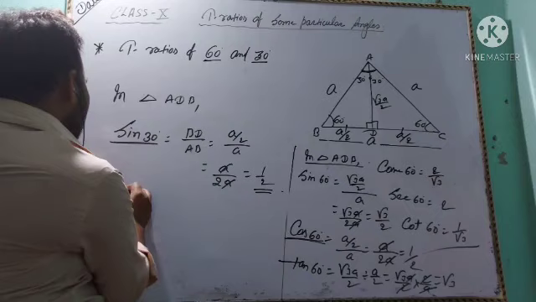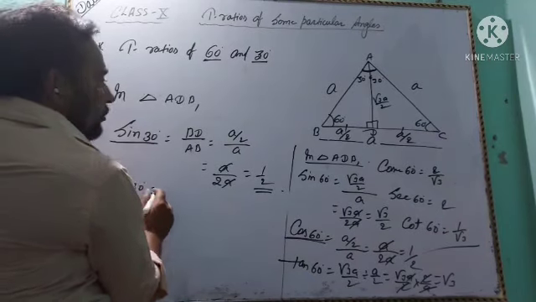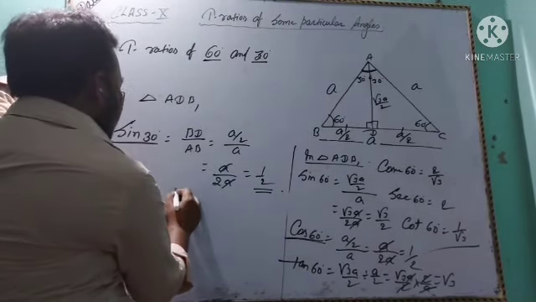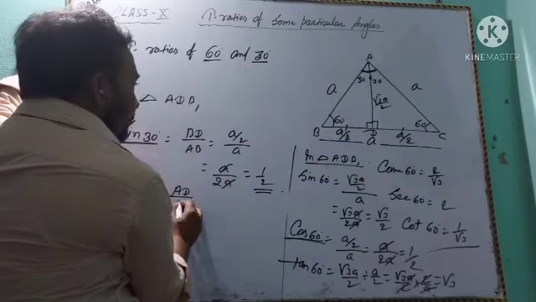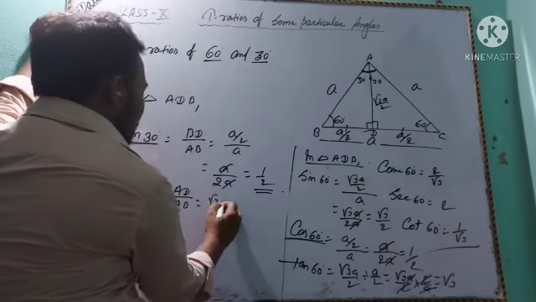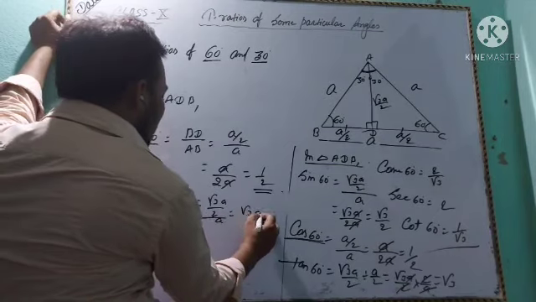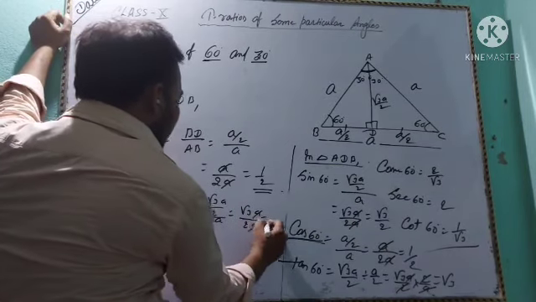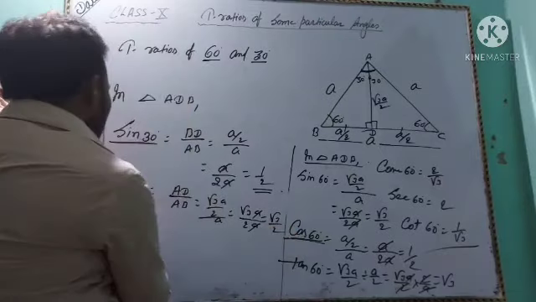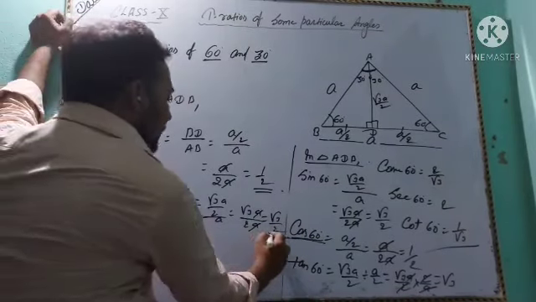Okay, cos 30 degree is the base by hypotenuse. Base is AD and hypotenuse is AB. So root 3a by 2 by a, so root 3a by 2a, a is cancelled, that is root 3 by 2. So the value of cos 30 degree is root 3 by 2.